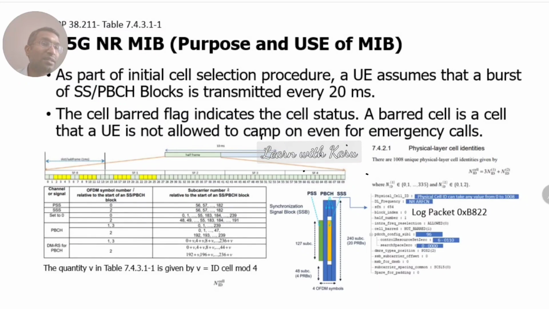So how do we know that? When we read the subcarrier offset, if it takes a value between 0 to 23, right? So it is a cell-defining SSB.